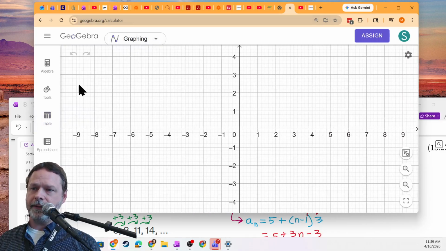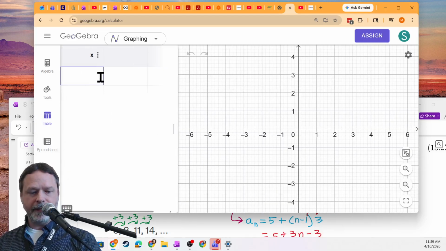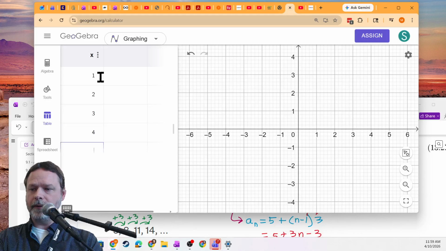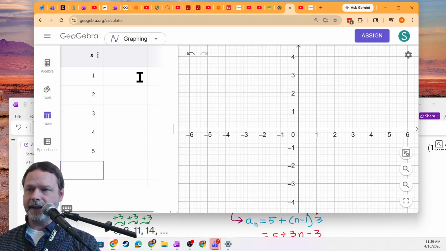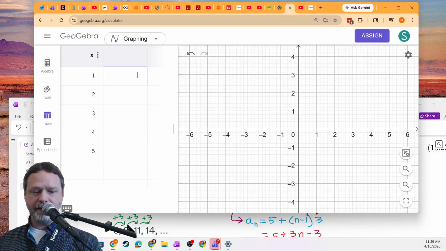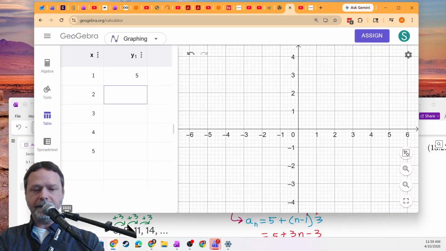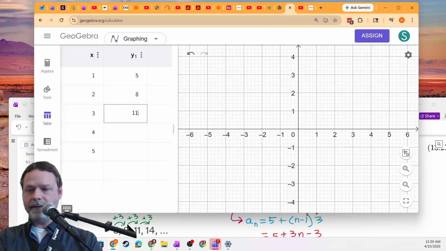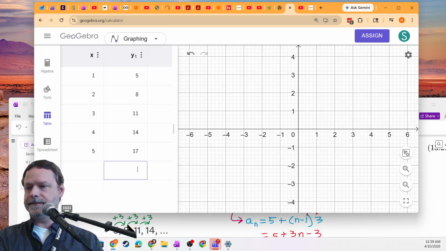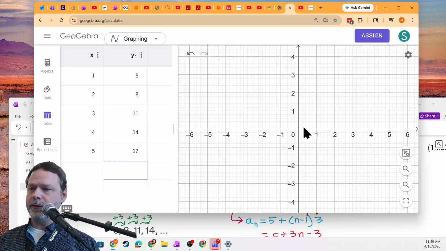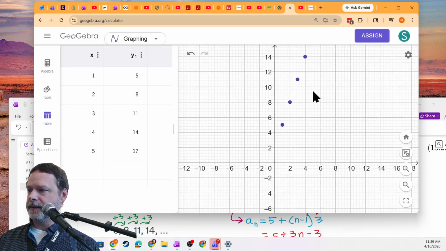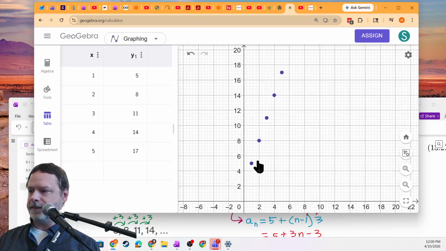I'm going to go to table, and I'm just going to type in 1, 2, 3, 4, 5, whatever. That's enough. We can keep going if we want. And then I'm going to type in my values. 5, 8, 11, 14, and if I add 3 again, I'd get 17. Okay. And when you do that, you can go back to here, and you can see it plots the points out for us in GeoGebra.